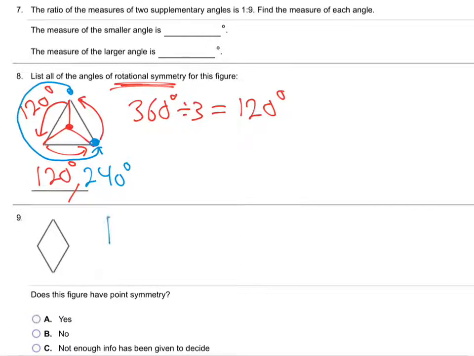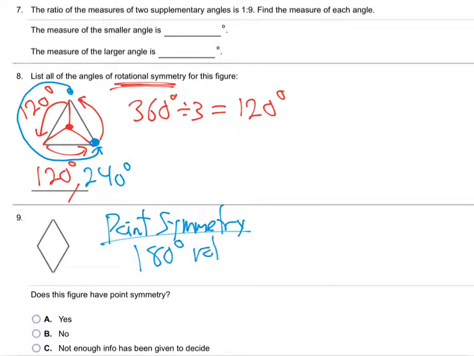And then number 9, does this figure have point symmetry? Glad that you brought that up. Point symmetry is the same as 180-degree rotation symmetry. That's basically what they're asking. Because what they're saying is, if you put a point in the center, does the whole shape reflect across that point?